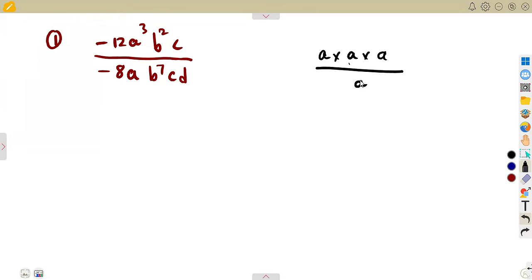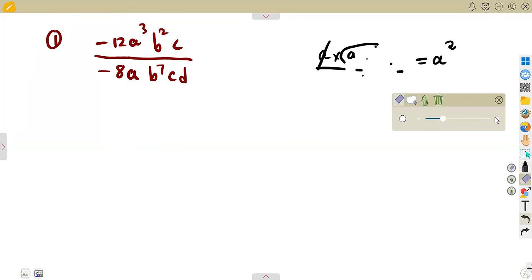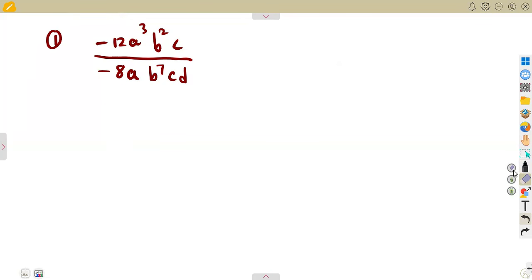This gives me the advantage to cancel this a with one of these 3 a's on top, so that we are remaining with only 2 a's. If they were 3, they were written as a to the exponent of 3. If they are 2, we are going to write it as a to the exponent of 2.